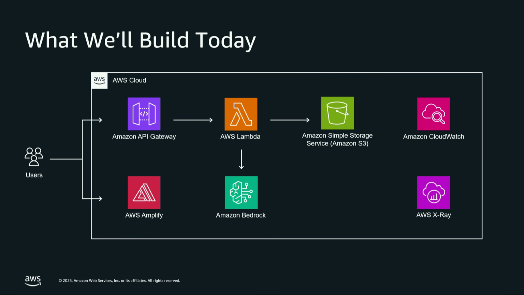All right, so we'll build a simple image generator application. At the core of this application, the backend is an API that calls a Lambda function, which is written in Node.js. The Lambda function then calls a Bedrock model to generate the image. In this case, we will use the Titan Image Generator v2 model, and we will use S3 for persistence.